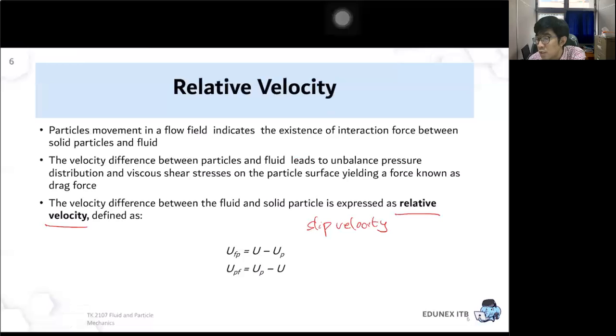So for solid and fluid flow, normally we use the term slip velocity or relative velocity. This is the difference between the fluid and solid velocity.